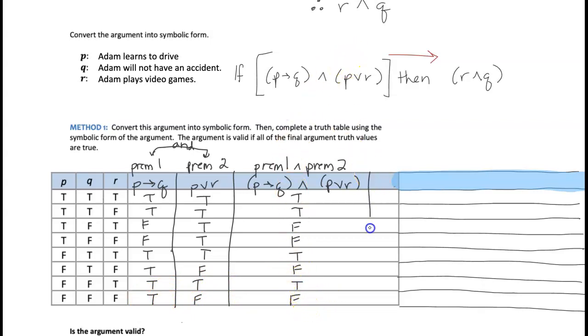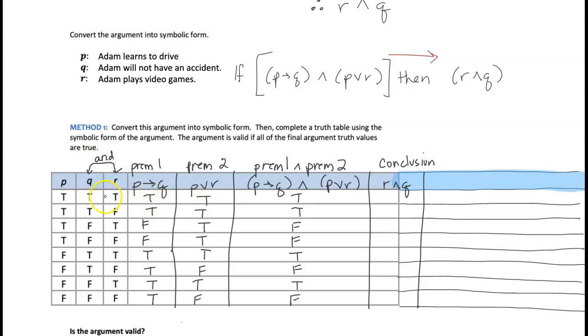Now we're going to go ahead and write the conclusion, R and Q. That comes from the conclusion of our whole argument. So let's take a look at R and Q. Here's statement Q and here's statement R, and we're going to connect them with a conjunction, and.